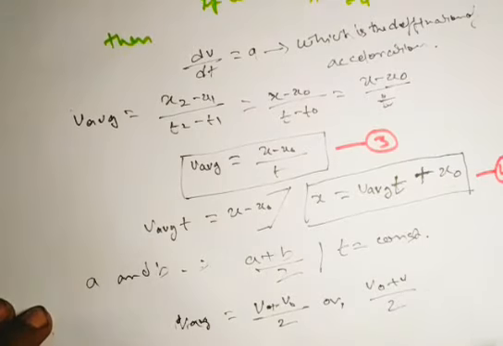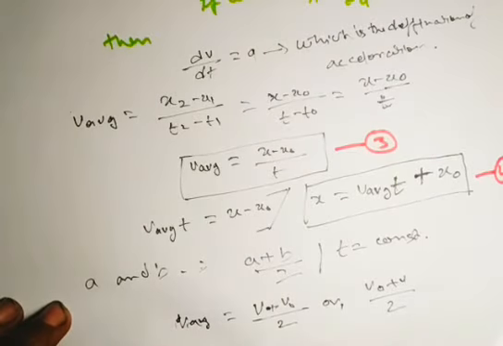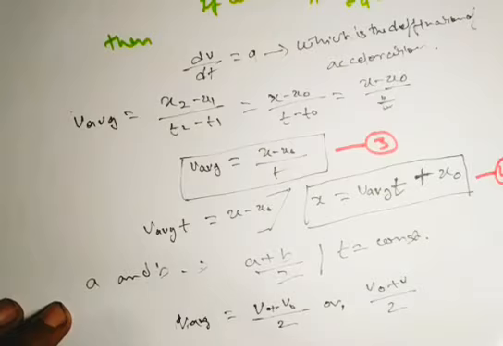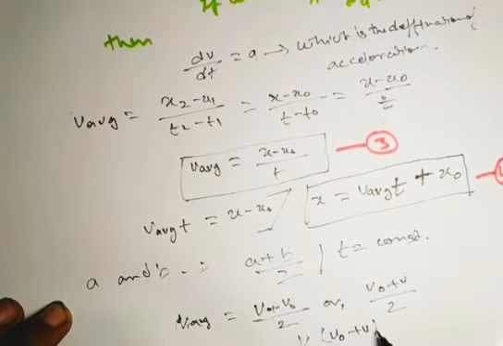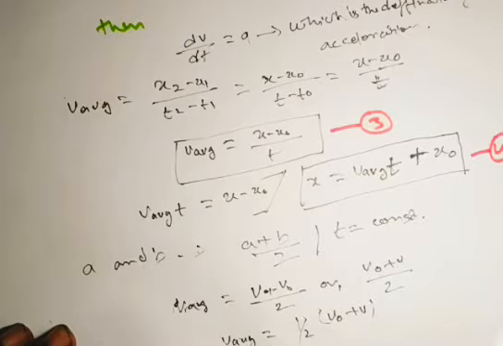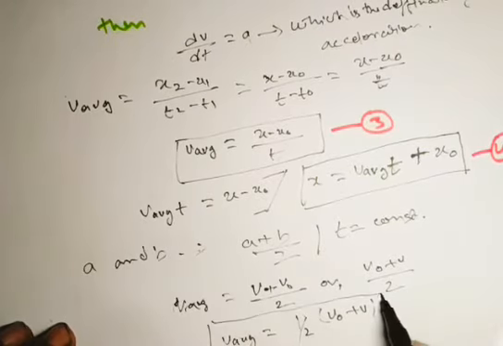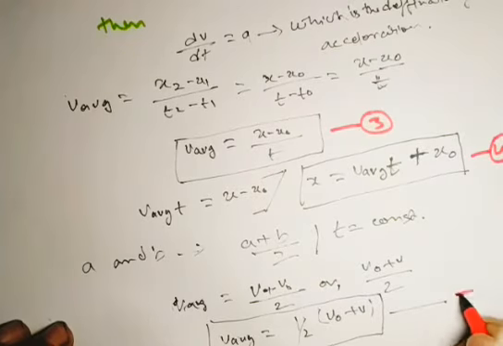Moving on, from this formula we can also write v average is equal to 1 by 2 into v naught plus v. This is also an important equation. Let us put it as equation number 5.